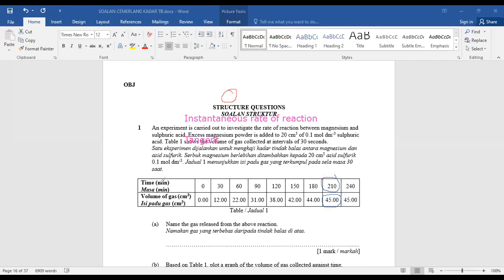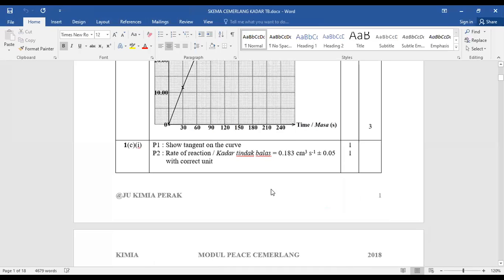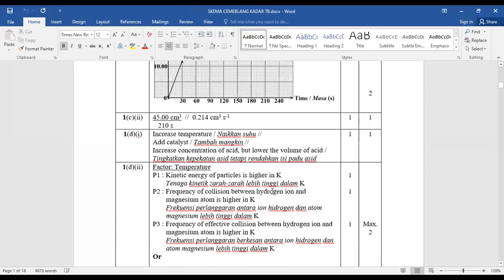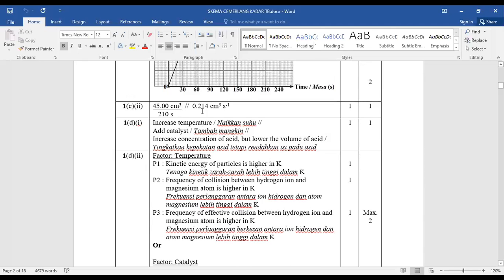This time here, from the minute, change to second. Okay, the unit is the second. So you are taking 45 divided by 210, and you should be getting 0.214 centimeter cube per second.